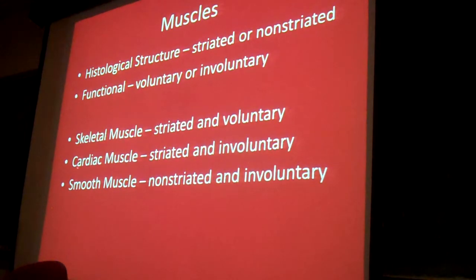Cardiac muscle would be involuntary striated cardiac muscle. Smooth muscle has no striations and it's also involuntary. So involuntary, non-striated smooth muscle would be the full histological name. Just like stratified squamous epithelium, it's the same kind of thing. The histological name.